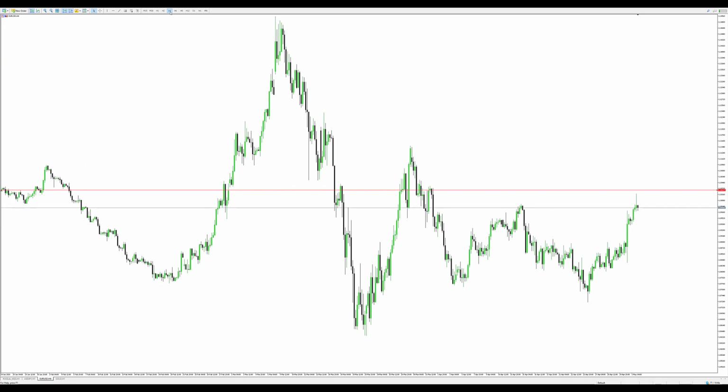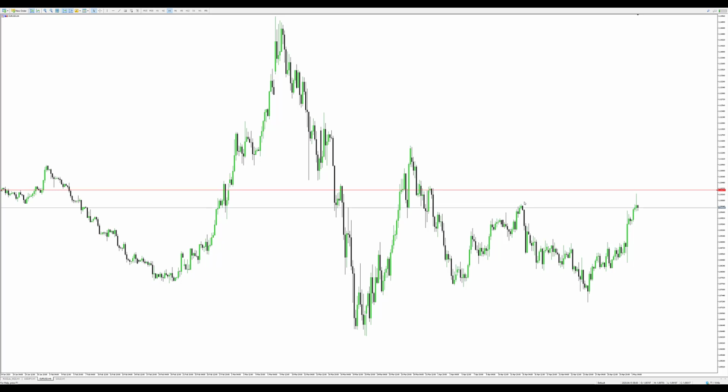So that means in regards to euro USD, I'm expecting a correction to either this down candle here, this is our bullish order block, or to this down candle before we start hunting for long trades to the upside.